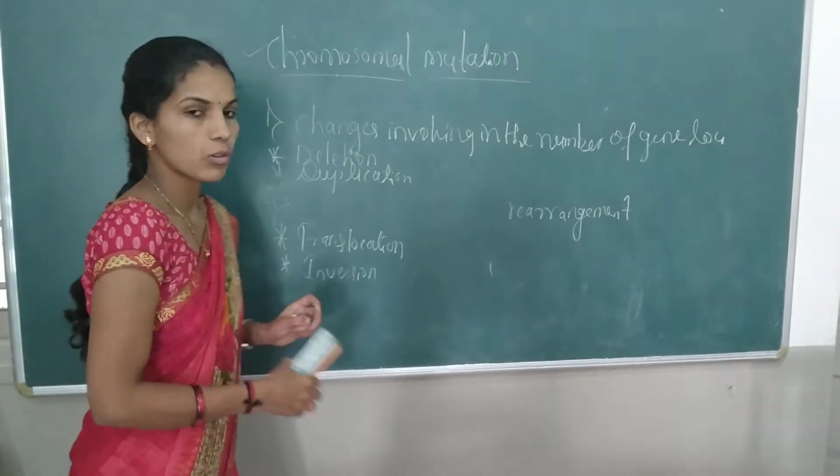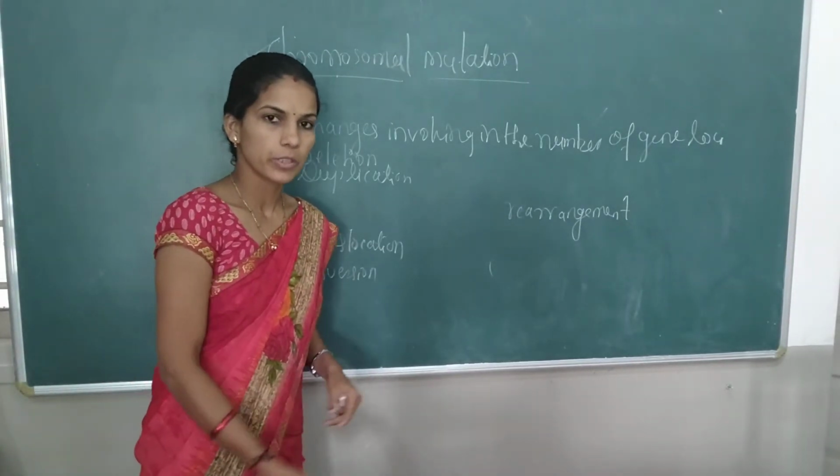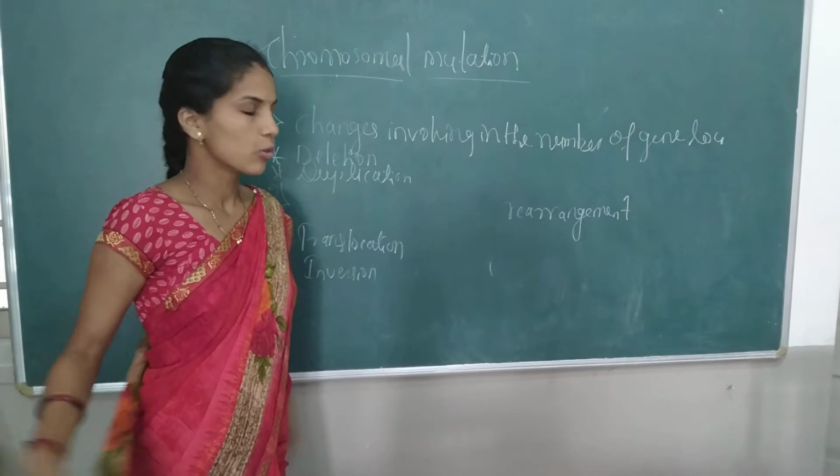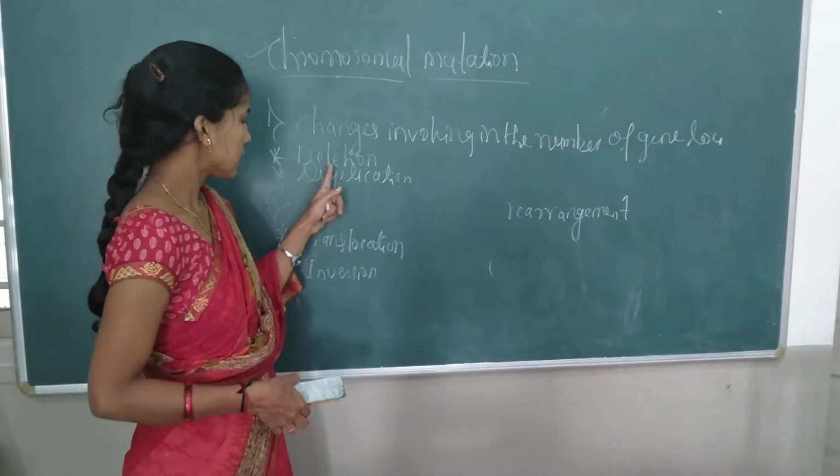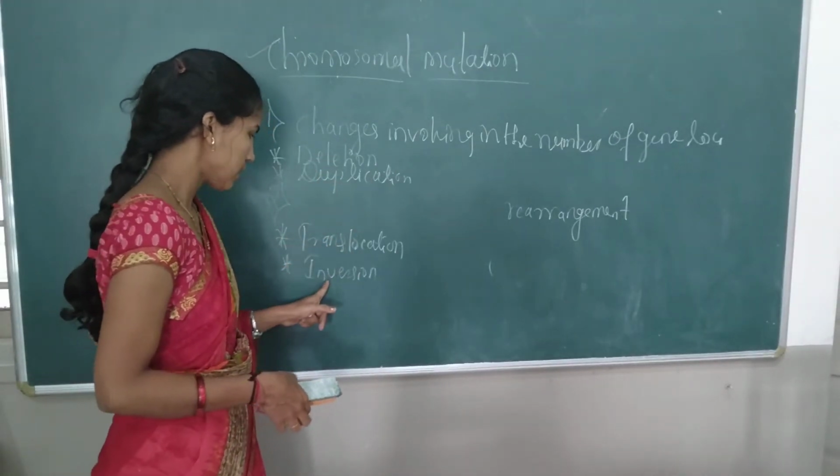So in chromosomal aberration, a change in the structure of the chromosome, there are four types: deletion, duplication, translocation and inversion.